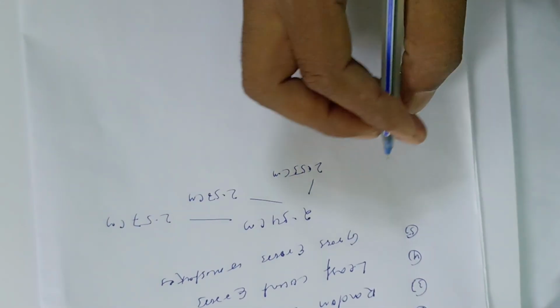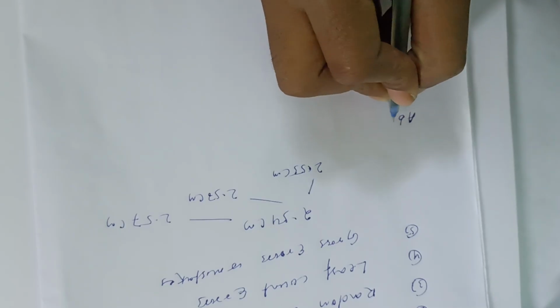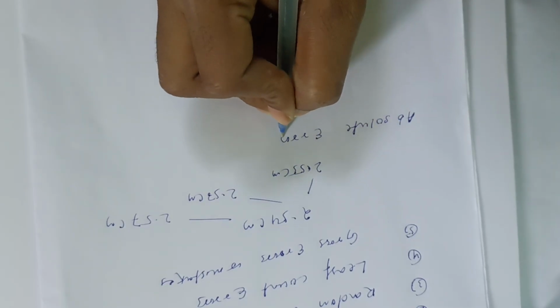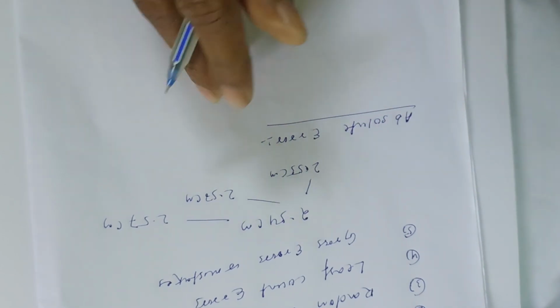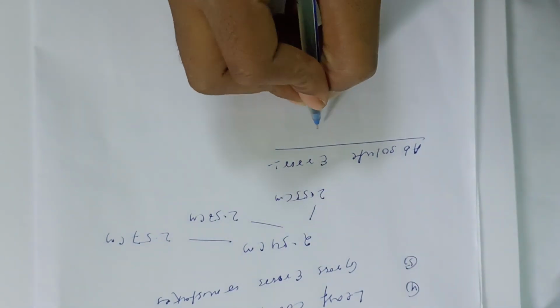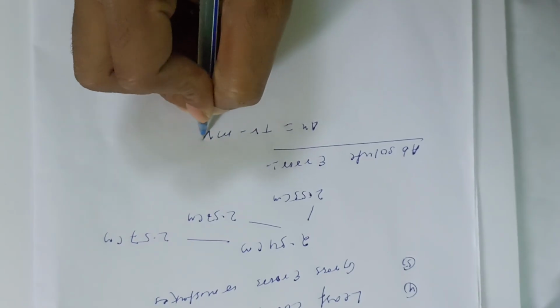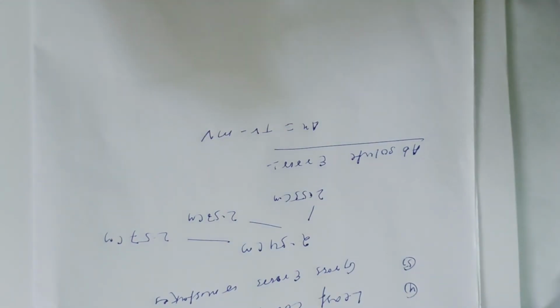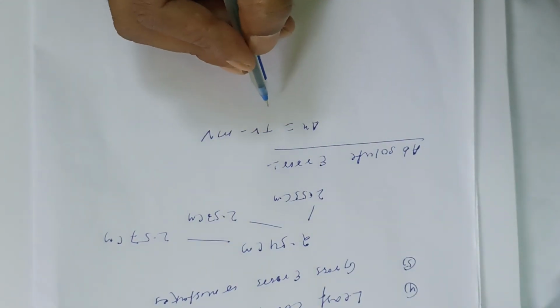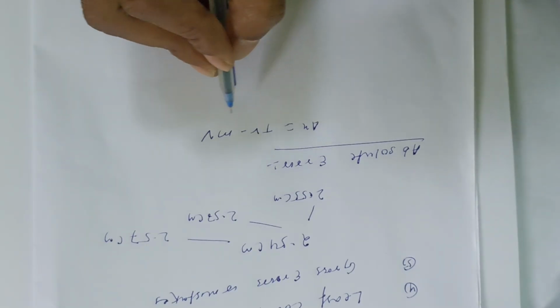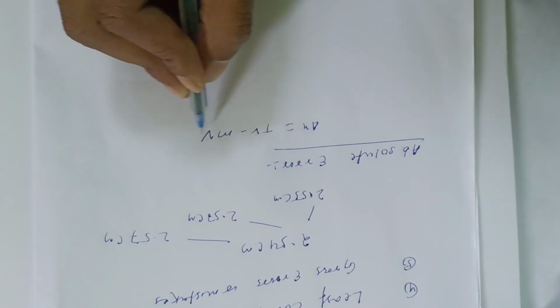Now the absolute error, that is del x equal to TV minus MV, means the magnitude of difference between the true value of the quantity and the individual measured value is called absolute error.